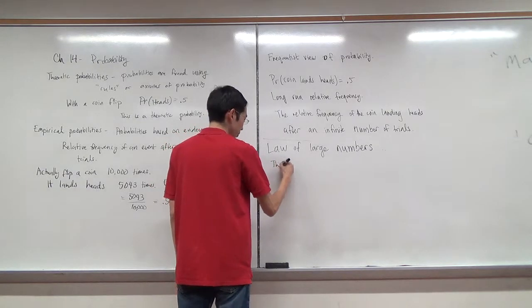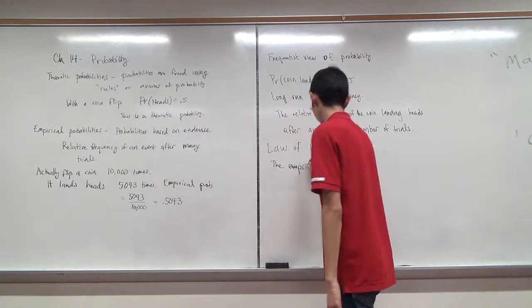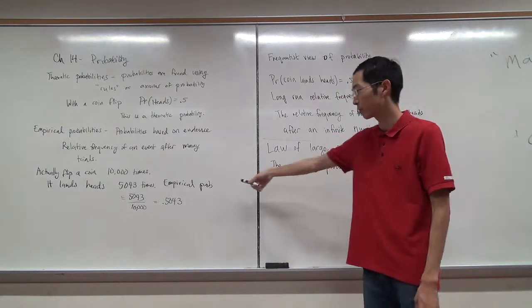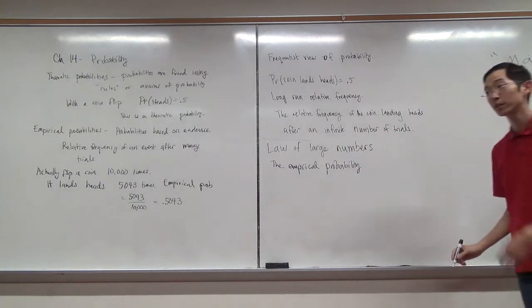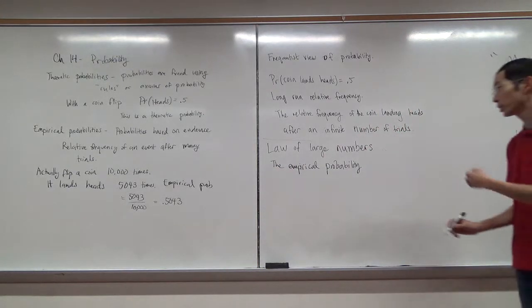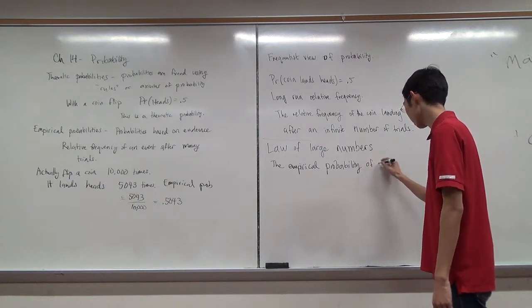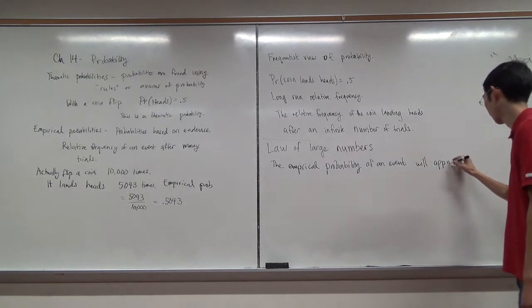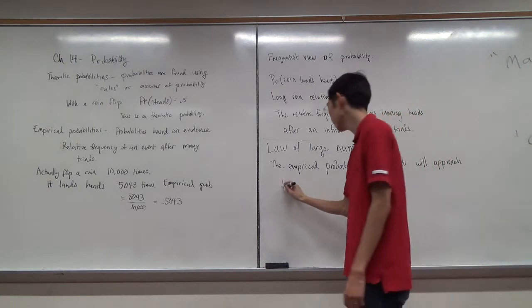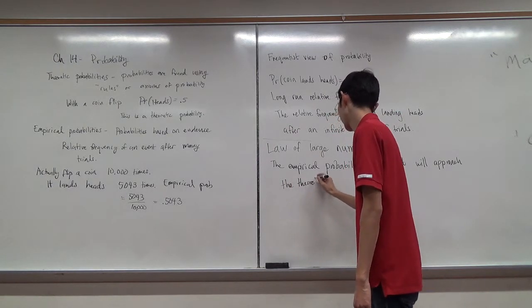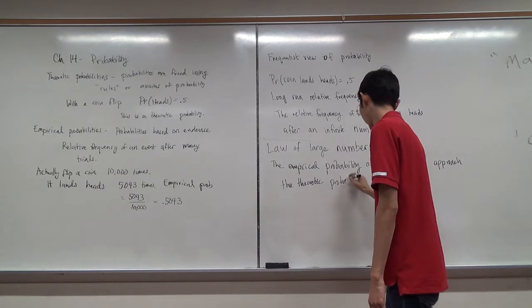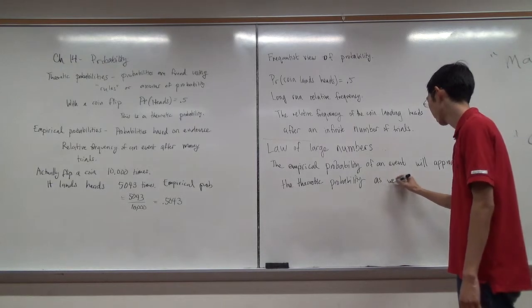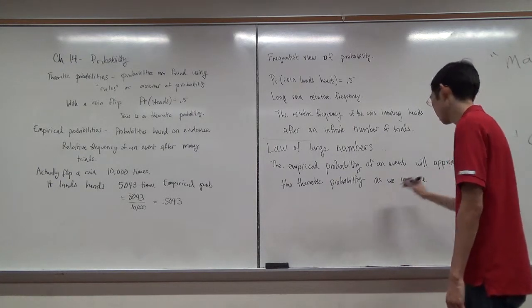So the empirical probability, or in other words, the relative frequency of an event based on trials that you have done, the empirical probability of an event will approach the theoretic probability as we increase the number of trials.